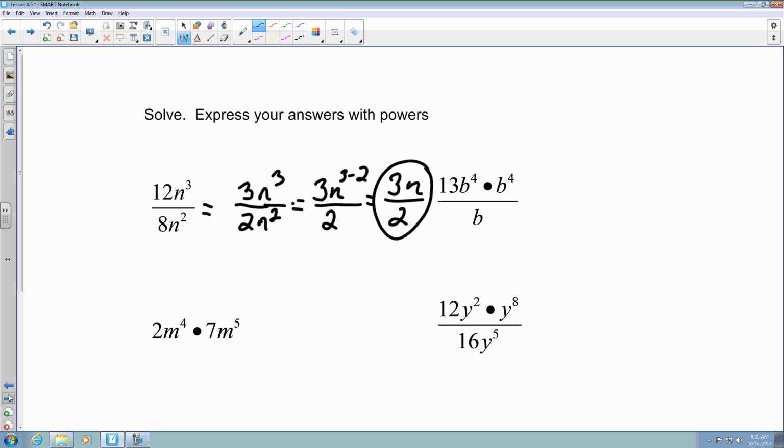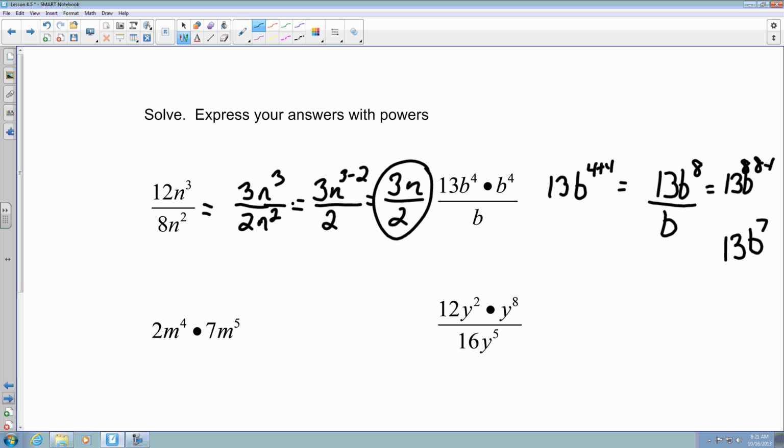So I'm going to use my product of powers property: 13, and b to the 4 plus 4, which equals 13b to the 8th power. But I still have this b in the denominator. They still have the same base, so I can go b to the 8 minus 1, which gives me a final answer of 13b to the 7th power. Okay?